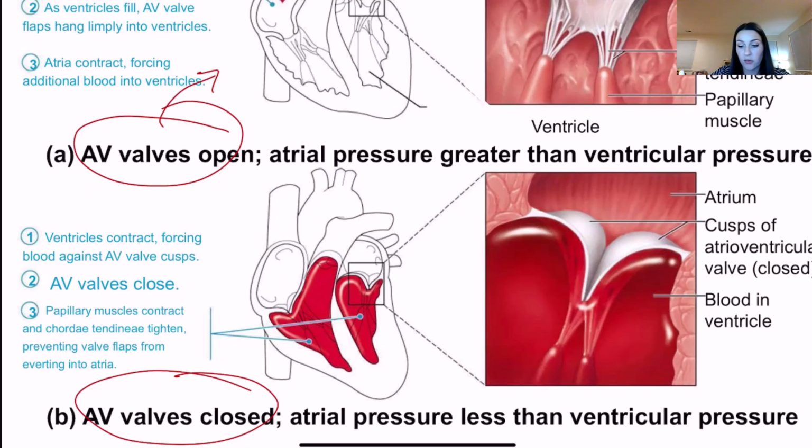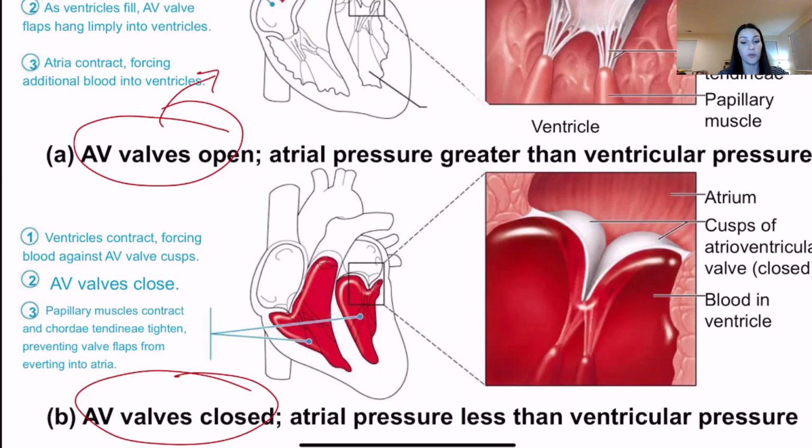This is what a closed valve looks like. It smacks shut together. And notice that we can see those chordae tendineae, those heartstrings. That papillary muscle is holding it back. We compared the papillary muscle to a string on a kite. If you pull that string on a kite, those chordae tendineae, that backflow is then prevented. That's super cool. Okay, so that's atria to ventricles.